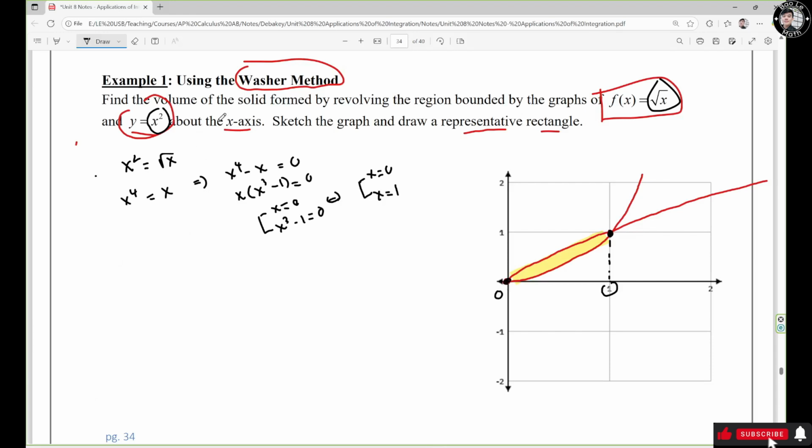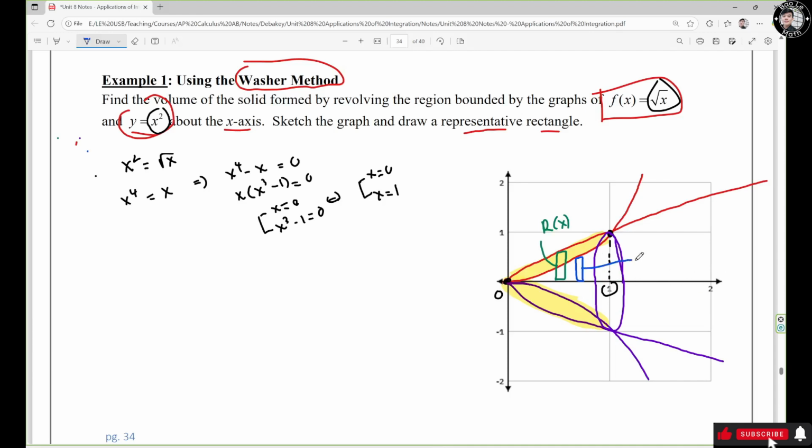Now we need to revolve this one about the x-axis, so you're gonna get the solid something like this. The outer radius is the distance from the top function to the center of rotation, so it could be right here. This one is capital R of x, right? The inner radius is the distance from the inner function to the center of rotation, right?